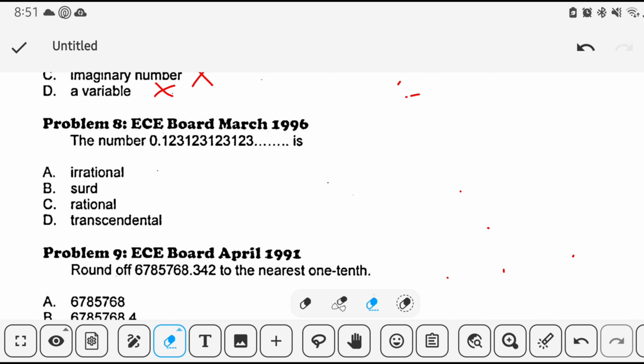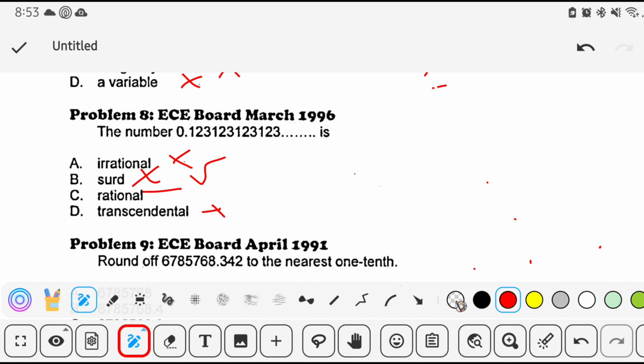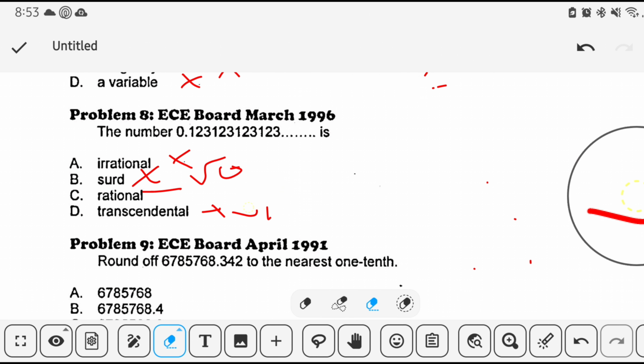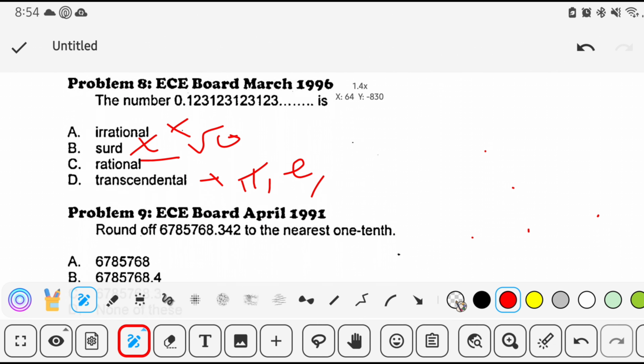It's not irrational, since irrational numbers can be expressed as surds or square roots of any number. And transcendental numbers are like pi, Euler's number, those things. So it's definitely rational.